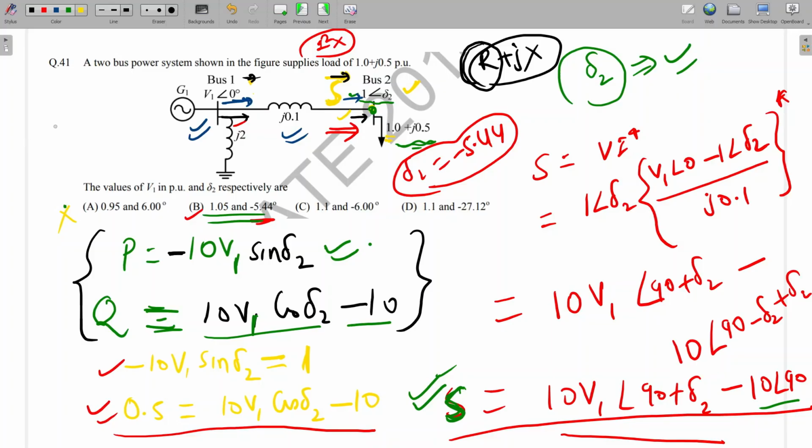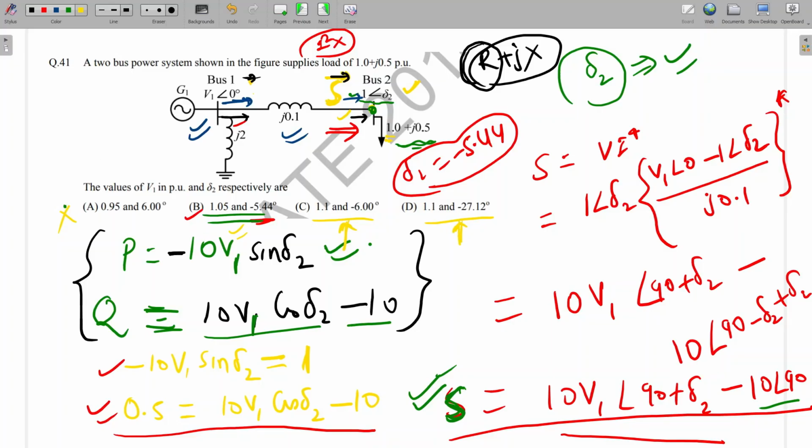So we can verify from the options. No need to solve; directly 1.05 into 1 into sin of minus 5.44 will give the answer. This will not give the 1 per unit answer. So without solving also, from the options we can solve this question.